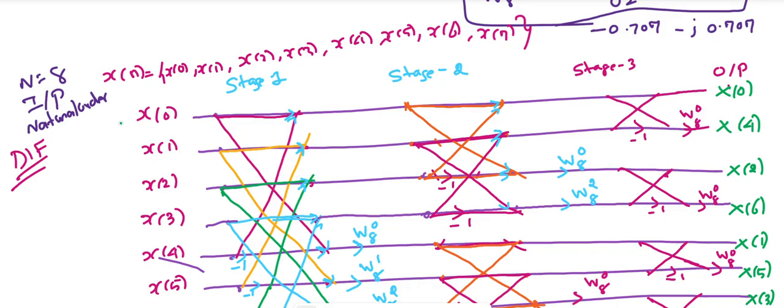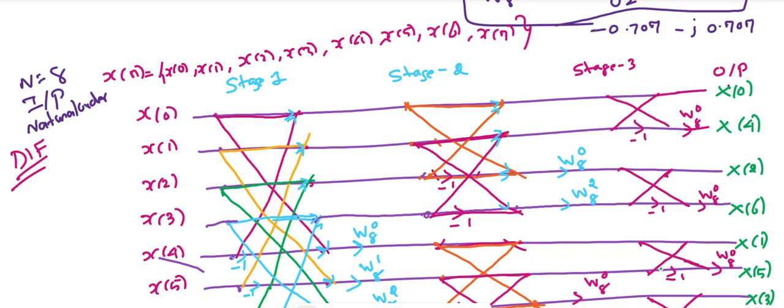For decimation in frequency, the input is in natural order and the outputs are in bit reversal order.